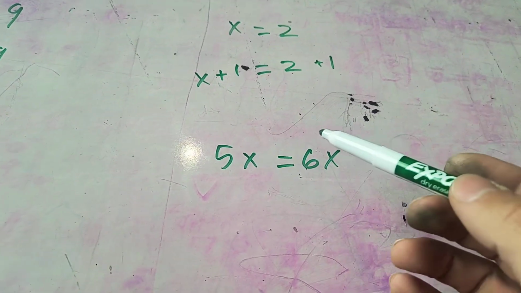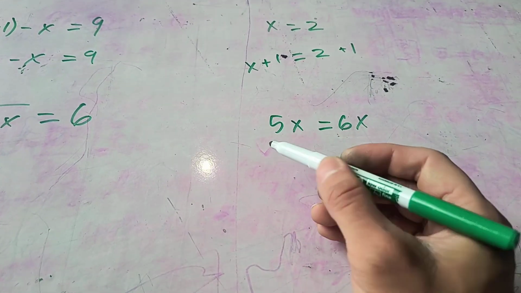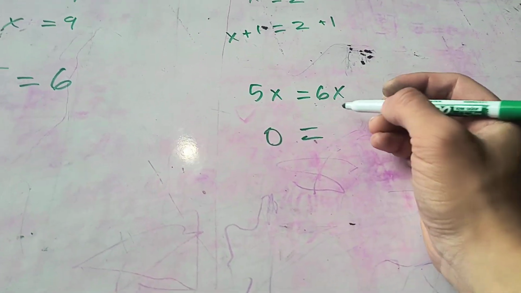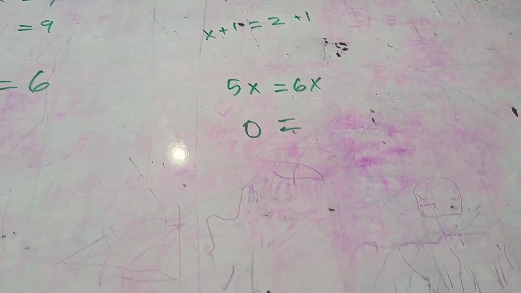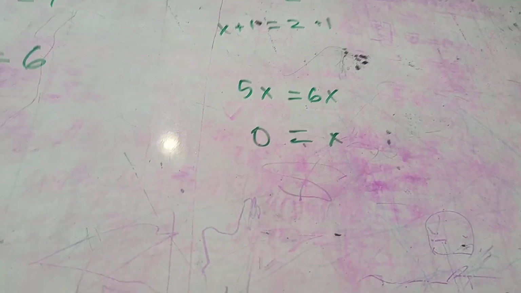So what you would want to do instead, to be completely sure, instead of dividing, you would subtract 5x from both sides, and this would become 0, and this would become 1x, which is just x, and x would just be equal to 0.